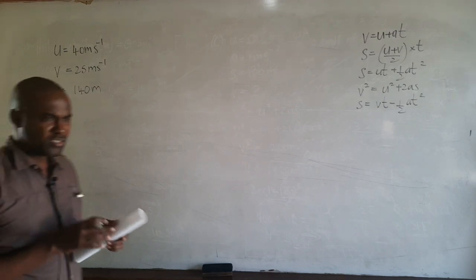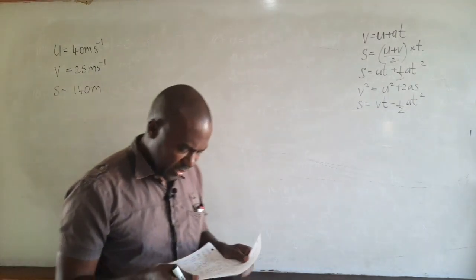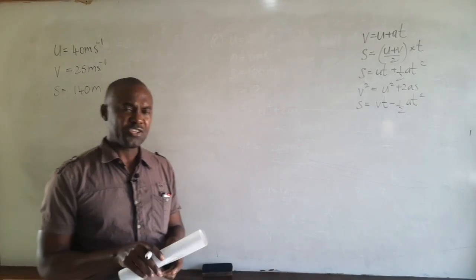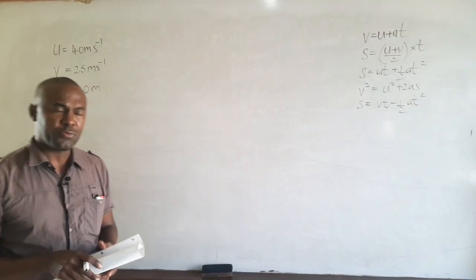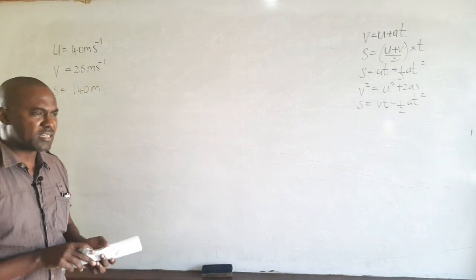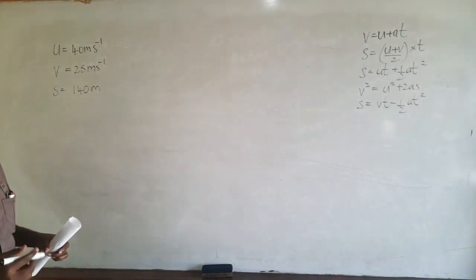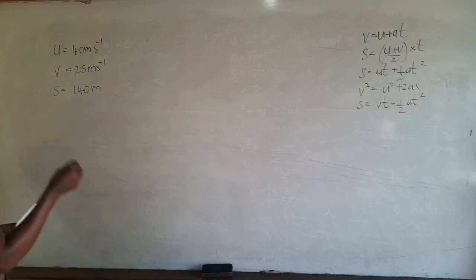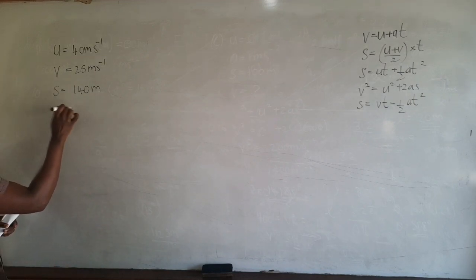Now, the question goes on to say that if the retardation remains constant. So, retardation is basically another word for deceleration. And of course, it means that we are going to be required to find the acceleration. So, we'll first need to find the acceleration a.